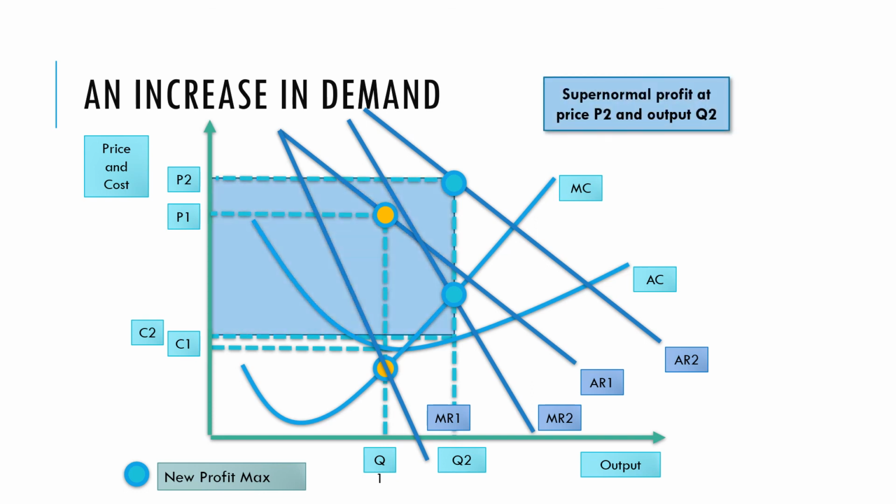The costs haven't changed, so we look for our new average cost, which is up from Q2, which is C2, and so we have a new supernormal profit. So supernormal profit has increased from this initial area here to this new area here as a result of the increase in demand.